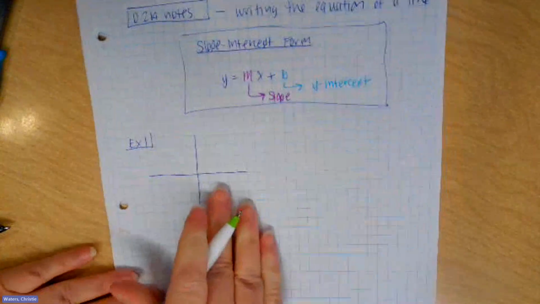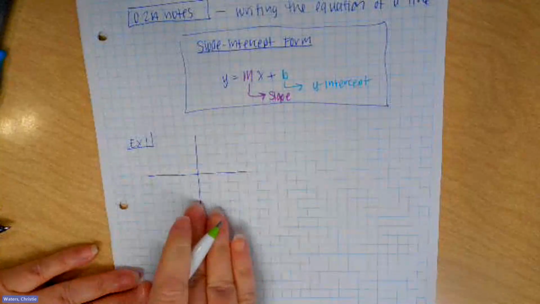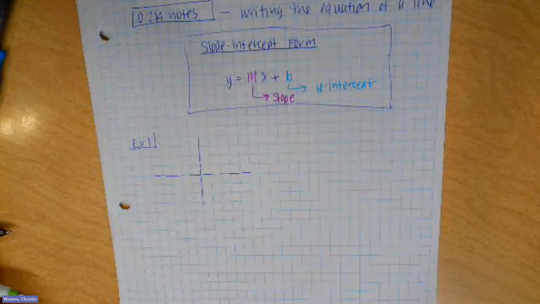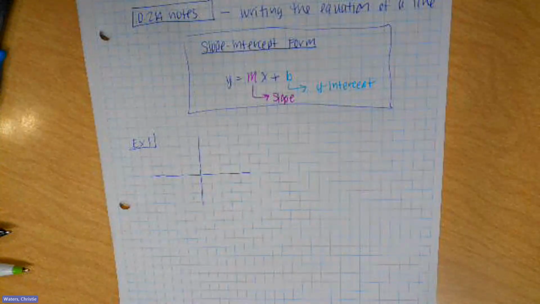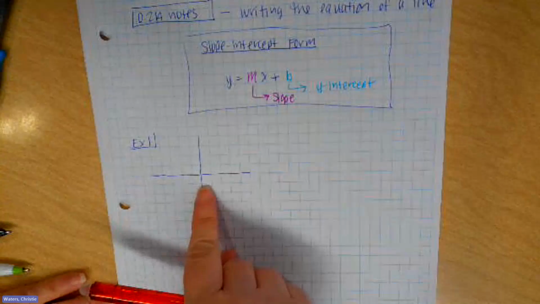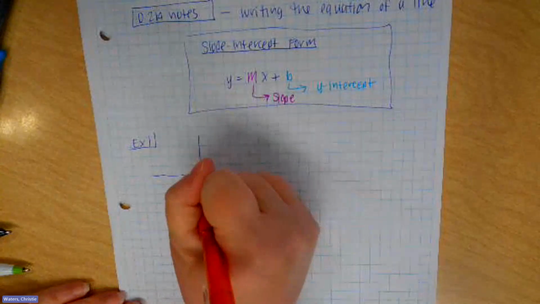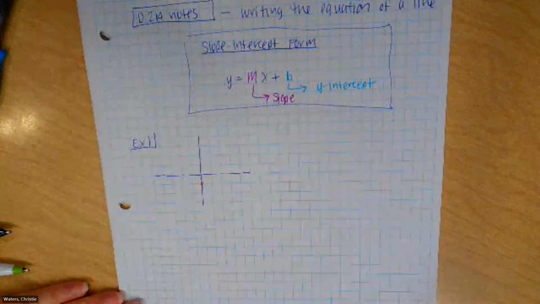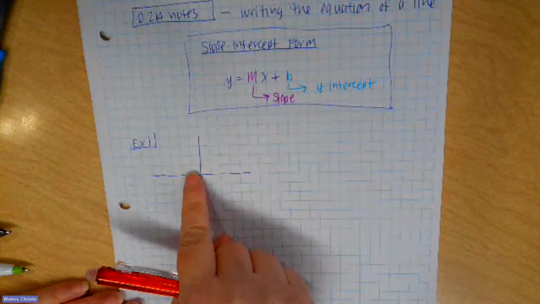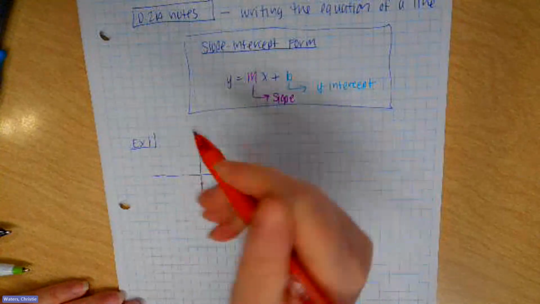We're going to start with a coordinate plane with an x and a y axis. And then we're going to start plotting some points. So for this line, we are going to have our first coordinate here at -1. And then our second coordinate is going to be at -1, -4.